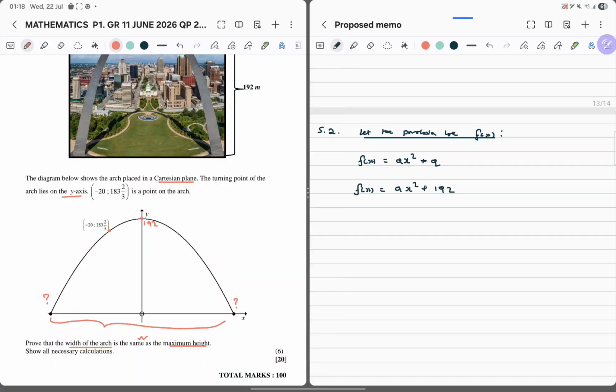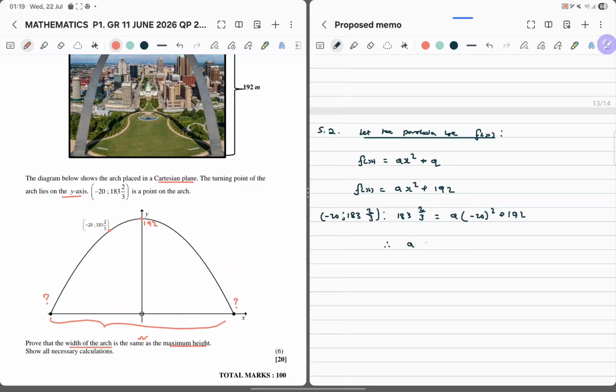Next thing, substitute the point. So through minus 20 and 183 and 2/3. What do we know? 183 and 2/3 is going to be equal to a into minus 20 squared plus 192.